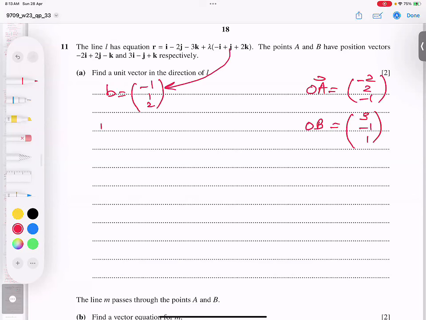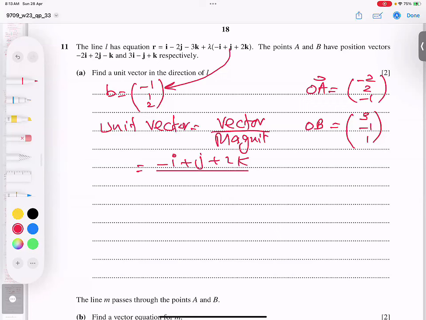How to find a unit vector? Students, the formula of a unit vector is the vector divided by its magnitude. So the vector, I'm writing -i plus j plus 2k. Actually, I got it from here. The vector divided by what, students? The magnitude is the square root of every value squared: 1 plus 1 plus 4.